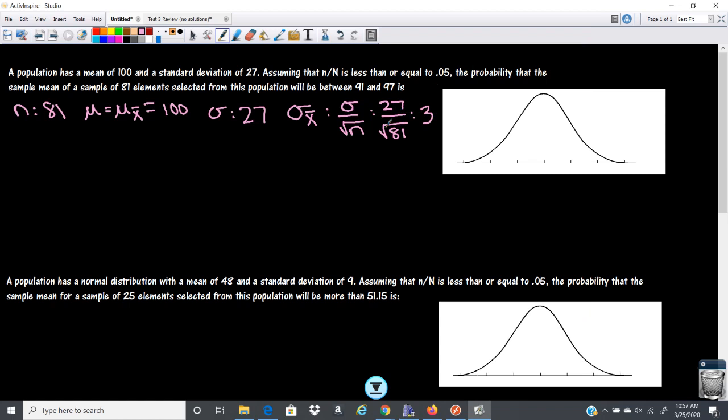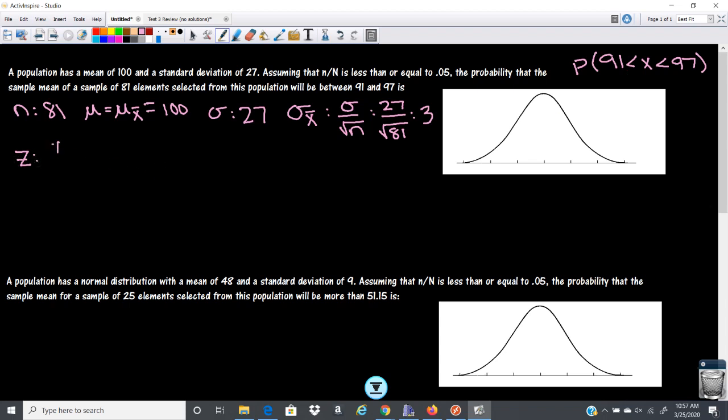All right, then what we need to do to find our probability. What we're asking is the probability that x is between 91 and 97. We're going to find the z-score for 91 and 97, and that formula is the same formula, you just have to use the different standard deviation.